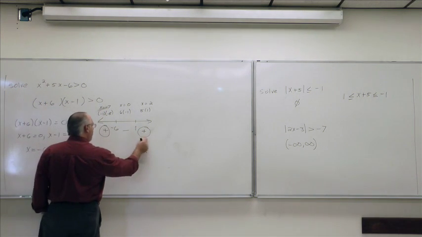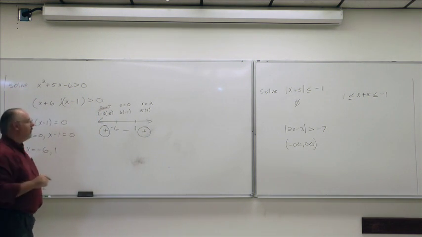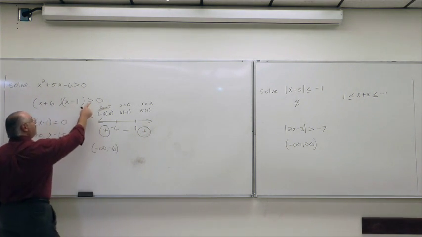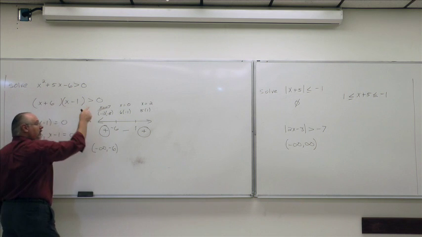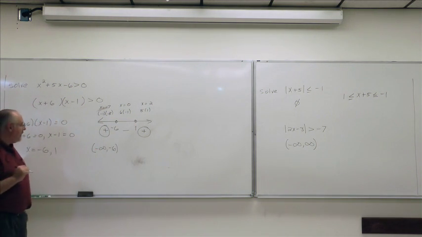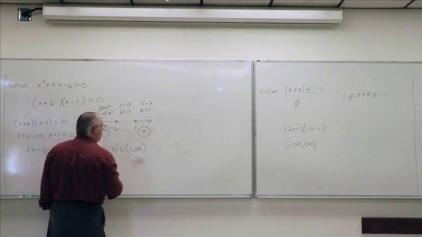So then these two pieces here on the ends is really what I'm looking for. So this is -infinity to -6, non-inclusive because it's not equal to, right? These would be non-inclusive critical values. Union 1 to infinity.